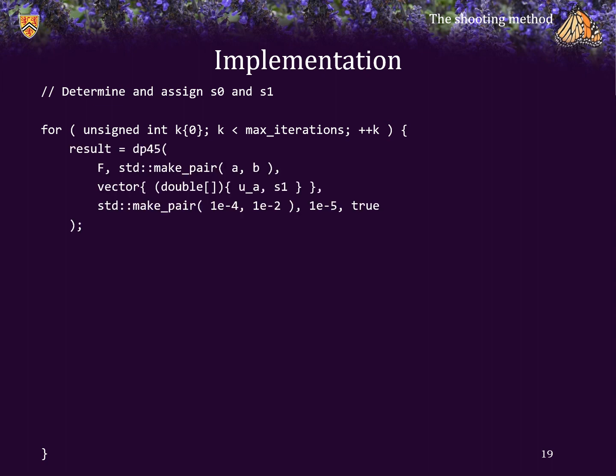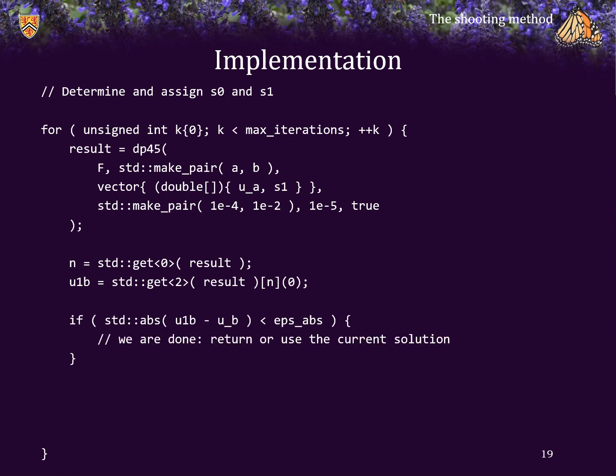We get the result with the current value of s1, and we get the value of this solution at b. Now, if the value is sufficiently close to u sub b, and I'm assuming we're using the same absolute epsilon, then we are done. We can either return or continue to use the current solution we just calculated.